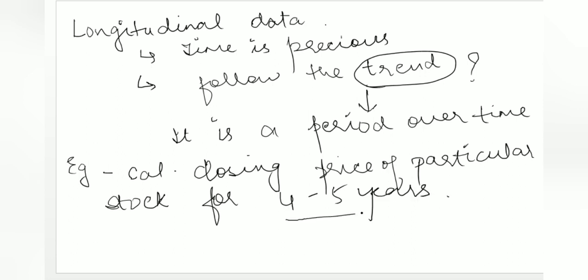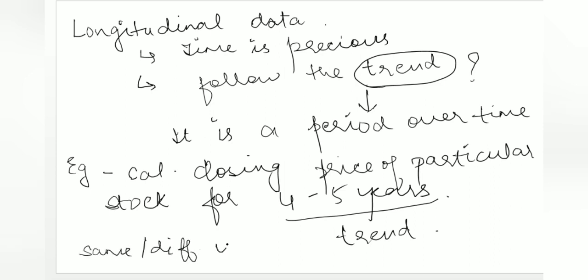So this is a period of time. This is a trend which is followed. Anything which has to be calculated, be it the same or different variables, it doesn't matter. What matters is the trend over the period of time.